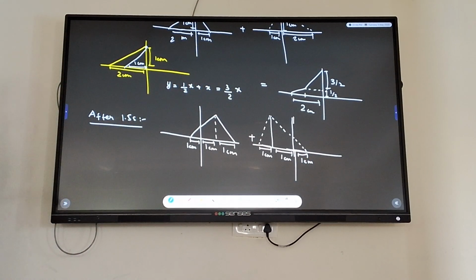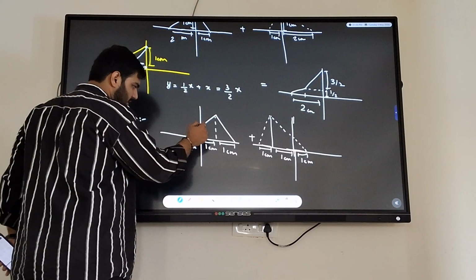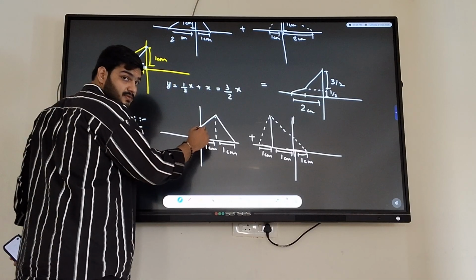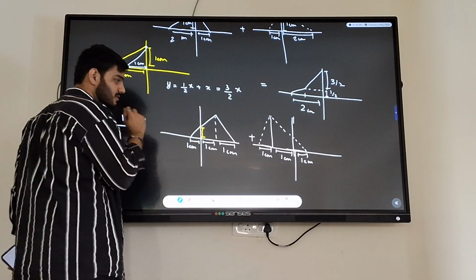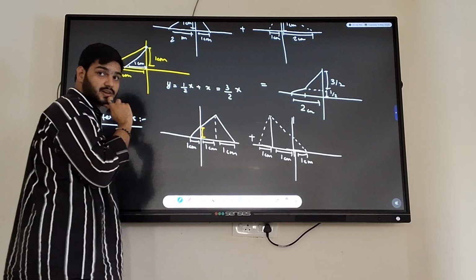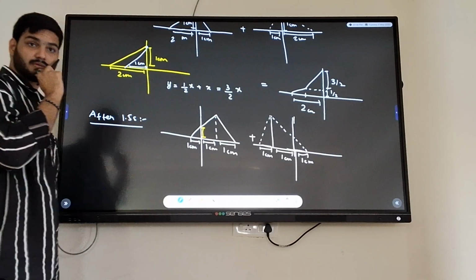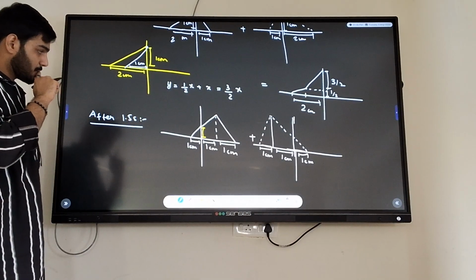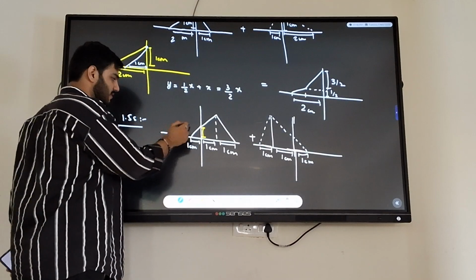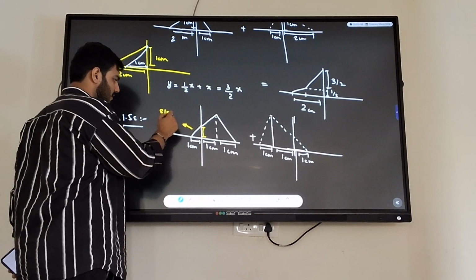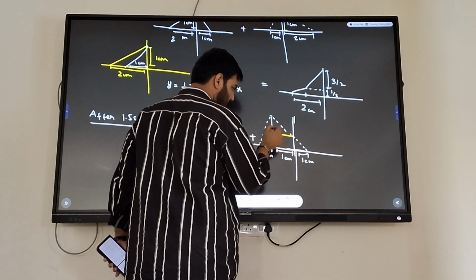And how should the final wave look now? Can you see that? Tell me the slope of this. What should the slope be? Slope 1. 1, are you sure? Yes. No sir. 1 by 2. Is it 1 by 2? You tell me. So the slope is 1 by 2. This is what you are saying. What will be the slope of this?